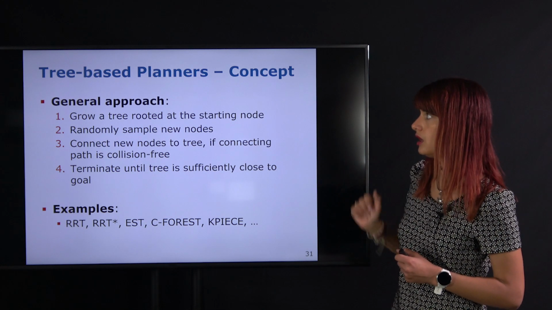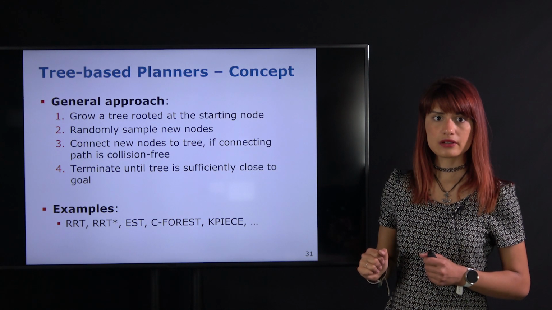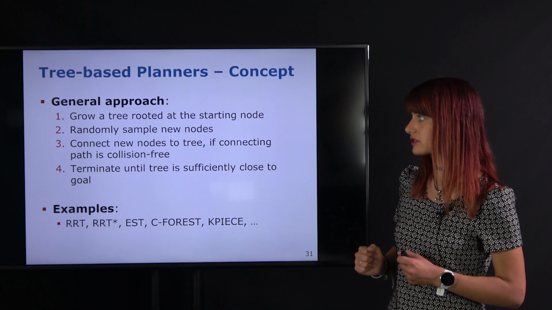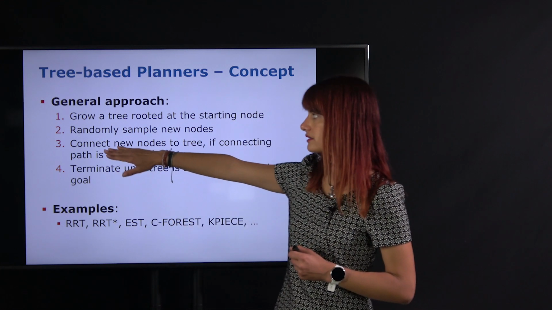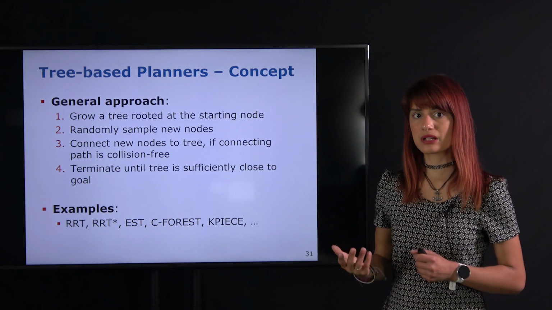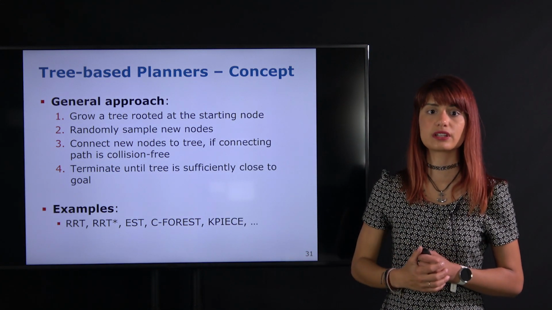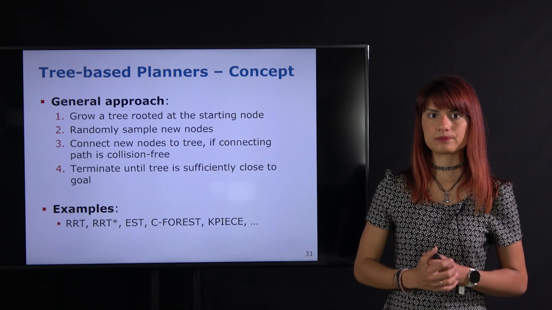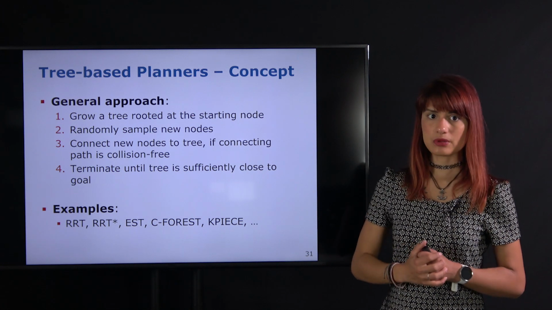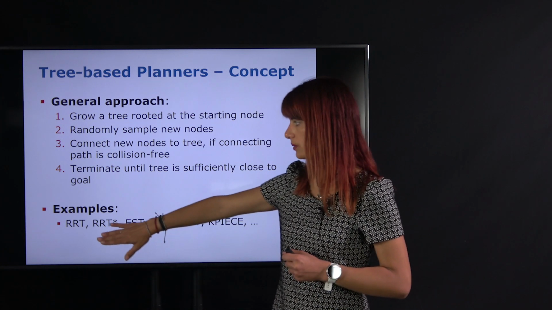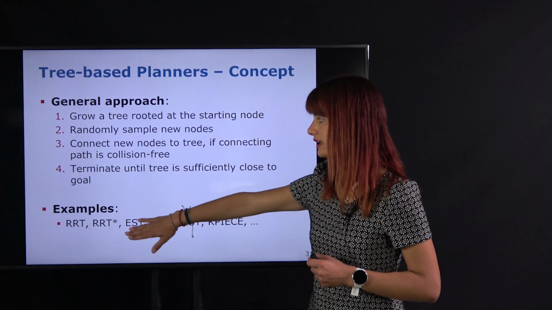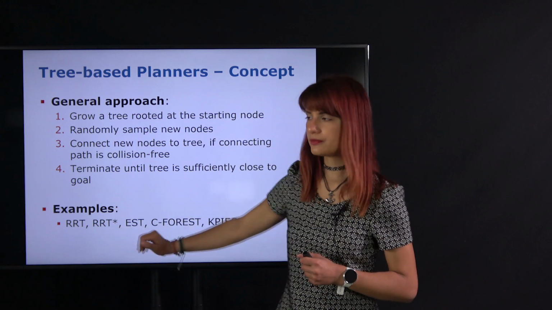This is a general approach underlying such planners, and the way that different specific algorithms in this category differ is in how they implement the sampling and the collision checking. Typically they use a heuristic that also gives the algorithm its name. There are many examples of tree-based planners. In this lecture, we consider the rapidly exploring random tree and the asymptotically optimal version of it.